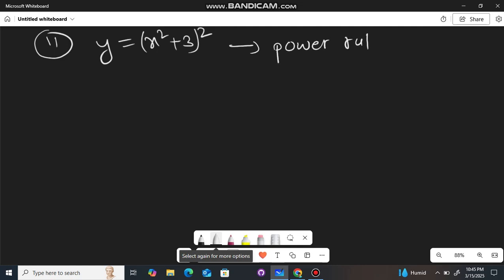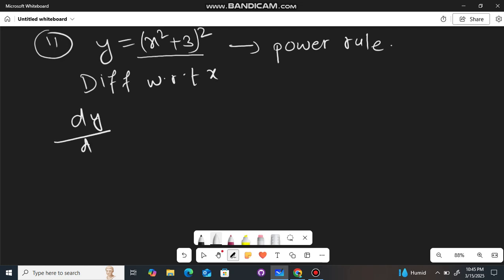Okay, so for applying power rule, there are certain conditions. The given variable should have a power. So let's try to solve this. Okay, let's try to differentiate it with respect to x. So in this scenario, dy by dx equals d(x square plus 3) whole square over dx.